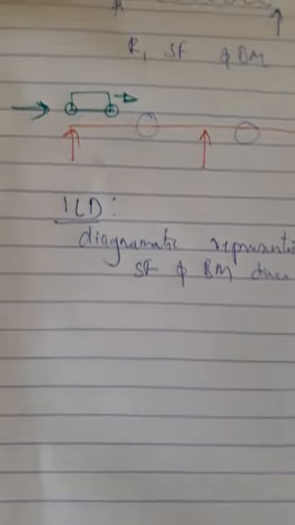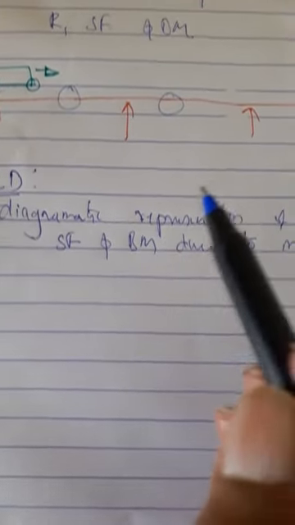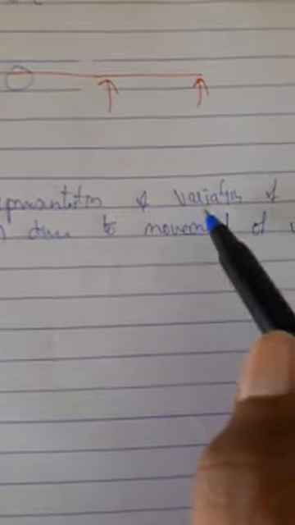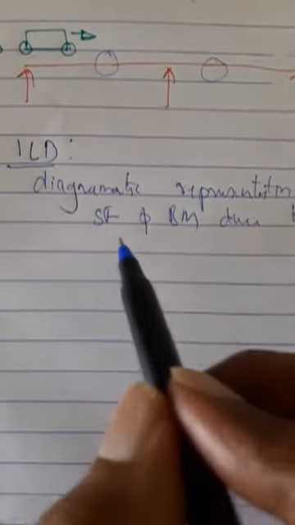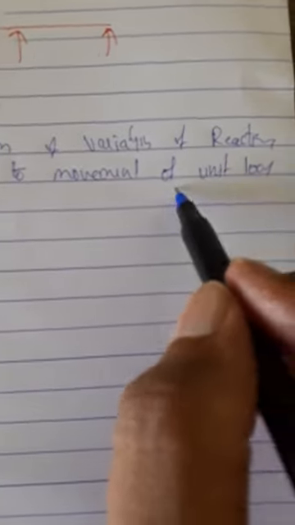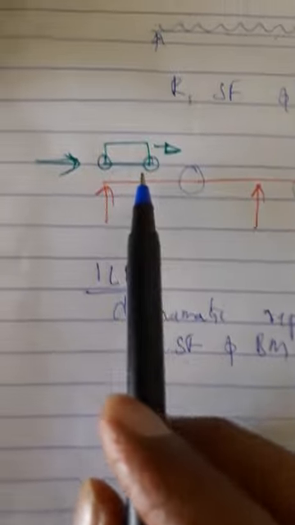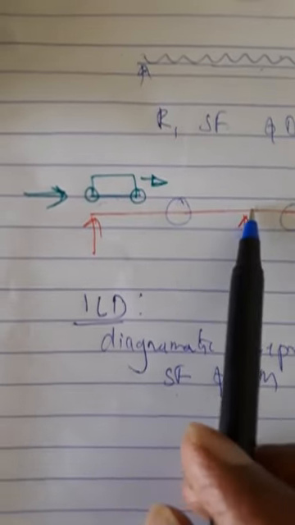So influence line diagrams are nothing but diagrammatic or graphical representation of variation of reactions, shear force and bending moment due to movement of unit load. It can also be defined as a curve or a graph that represents functions like reactions at the support, shear force and bending moment at a section for various positions of movement of load.